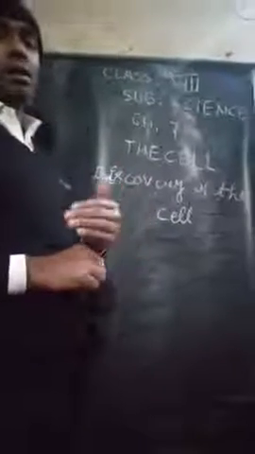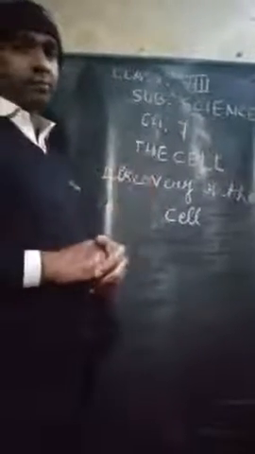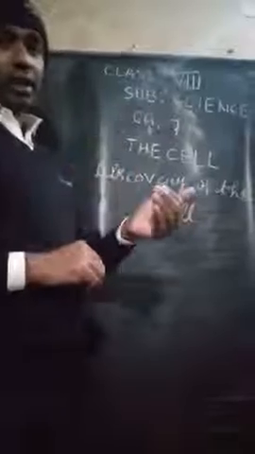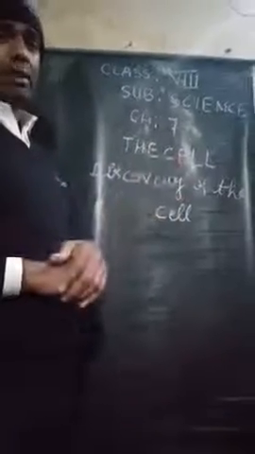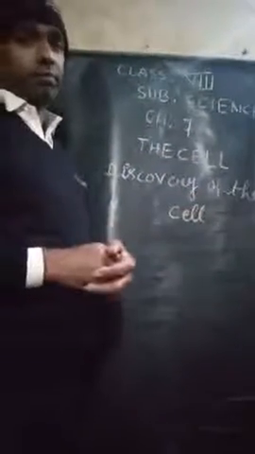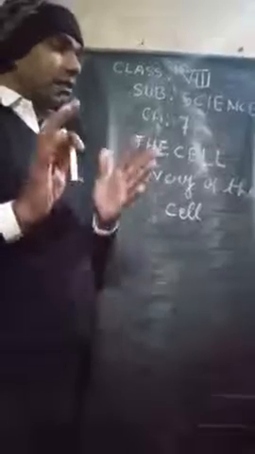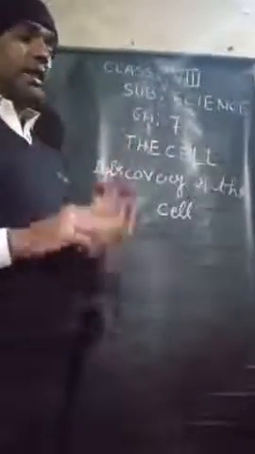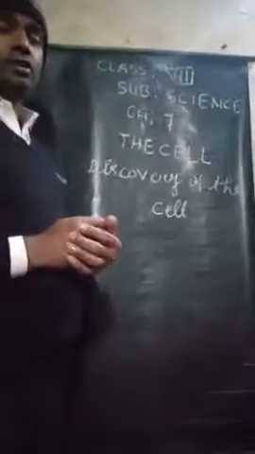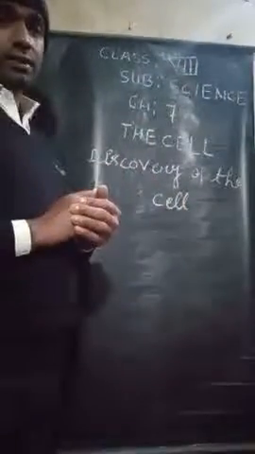Any plant or animal is termed as an organism. So we live in a world where a variety of organisms live, and these organisms have many similarities as well as dissimilarities.